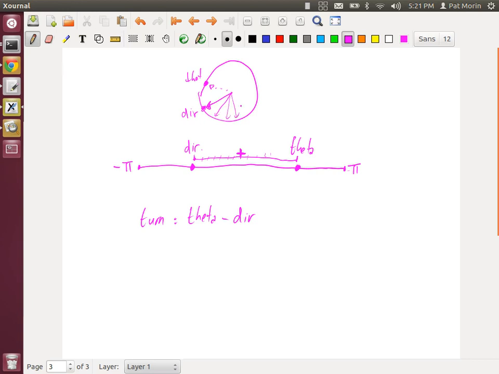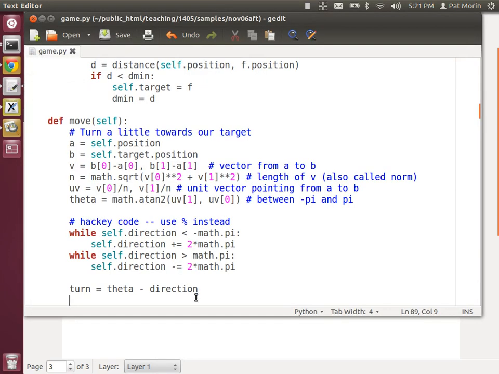So we're facing this way. We want to face this way. And if I start moving along, taking direction closer and closer to theta, that means that I'm rotating this thing this way. Is that really how you would change directions?